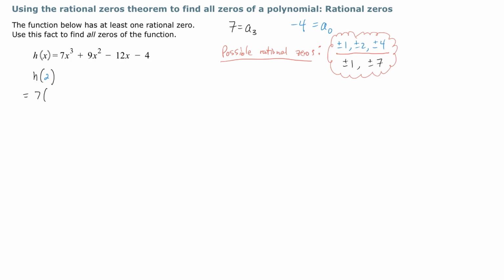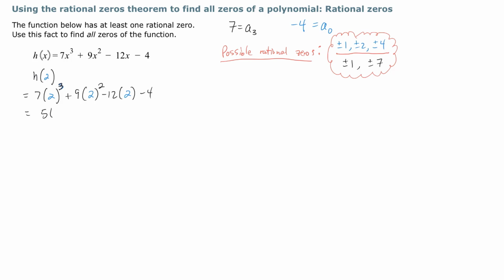7 times 2 cubed plus 9 times 2 squared minus 12 times 2, subtract 4. Okay, let's simplify this.